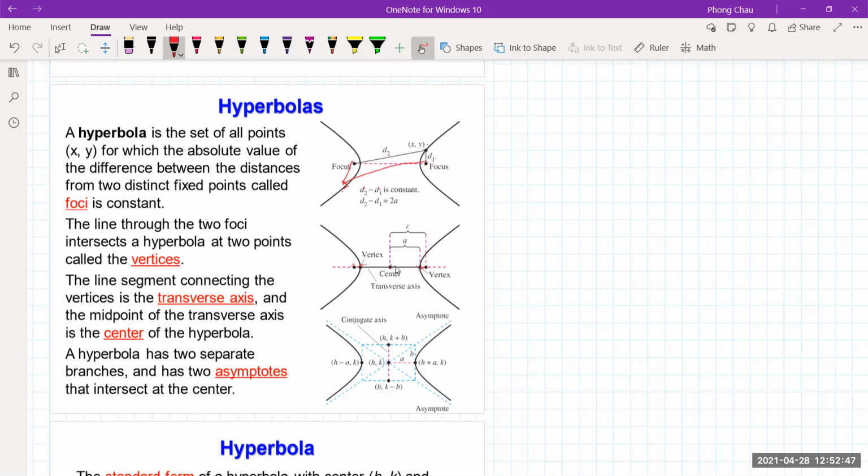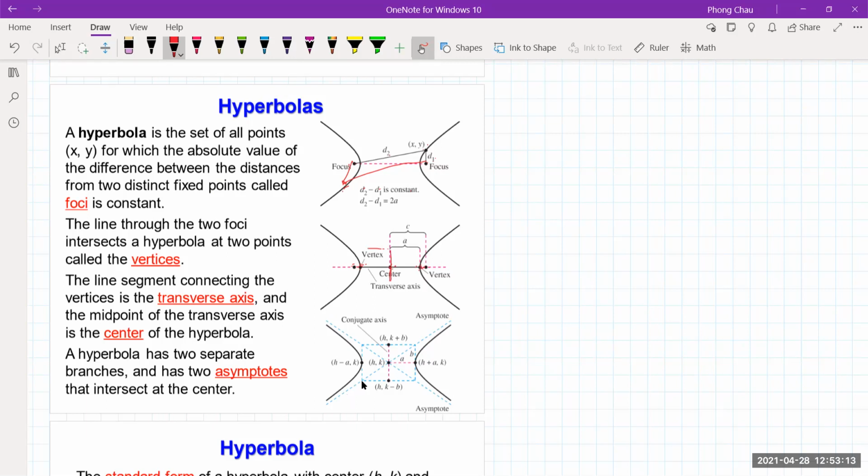And what else do we have? Now, in the hyperbola, we have two special lines called asymptotes. In fact, there is a rectangular box. So you draw the rectangular box here.